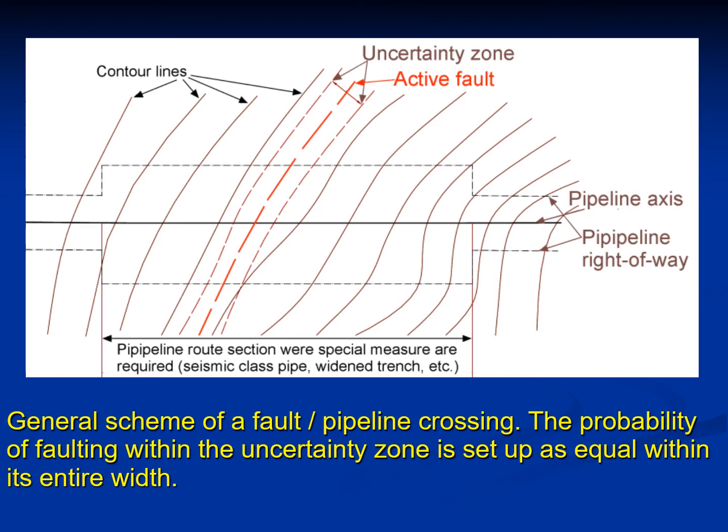I must point out that in the Alaska case, in the Trans-Alaska Pipeline case, a rupturing event occurred very close to the lateral edge of the assumed fault zone, not in its central line.